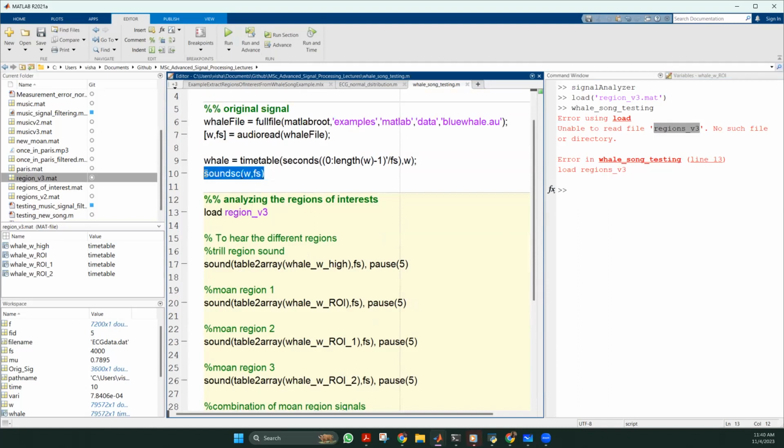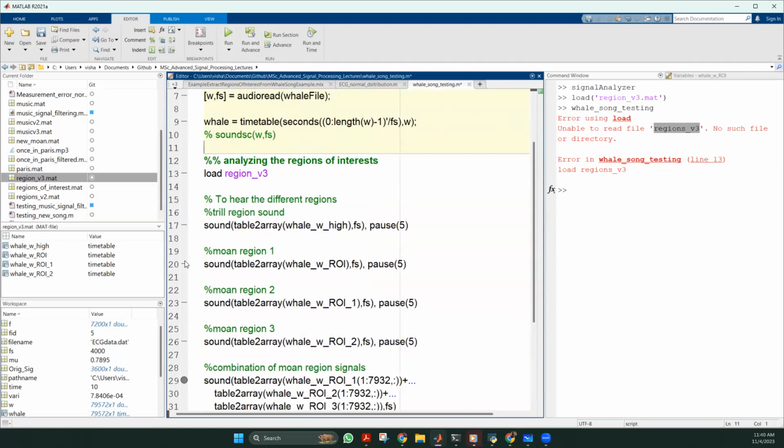Now I will comment this one. I don't want to hear the whale sound. I will try to only listen to the high pass filtered component.